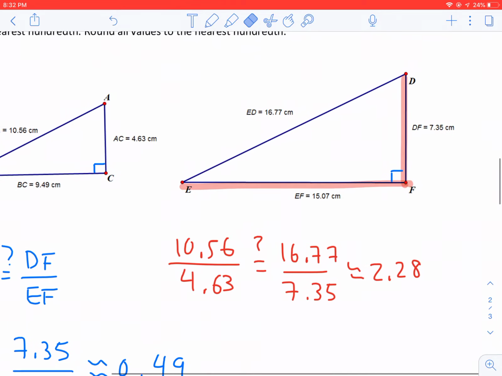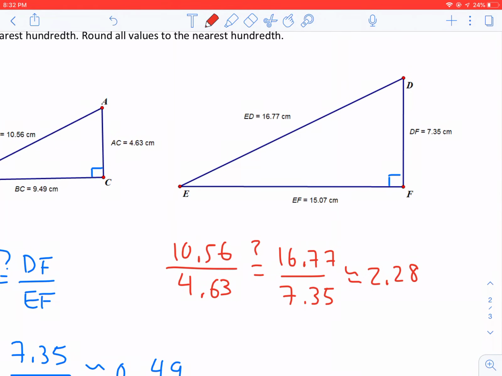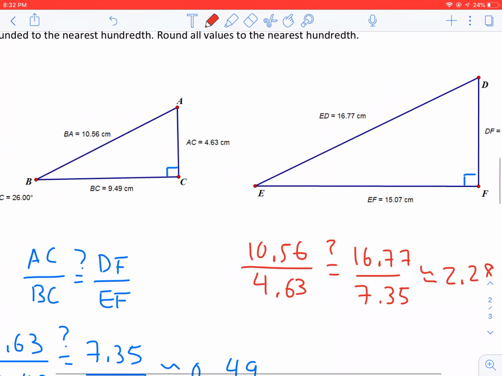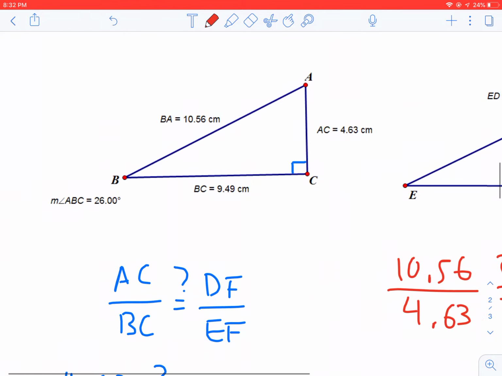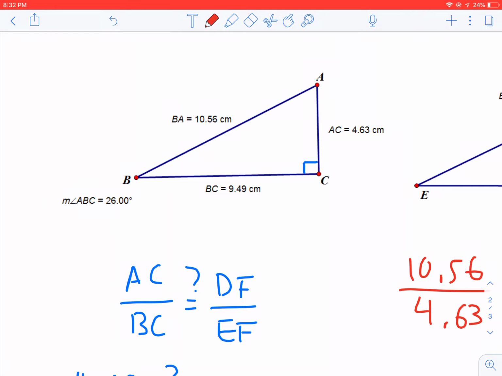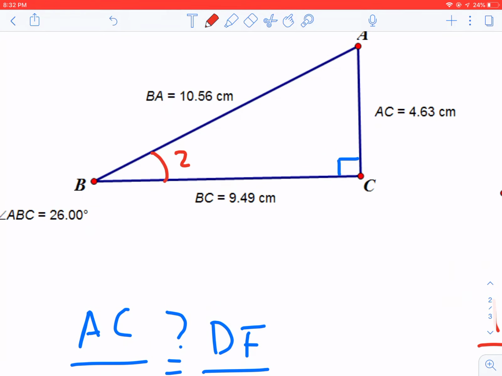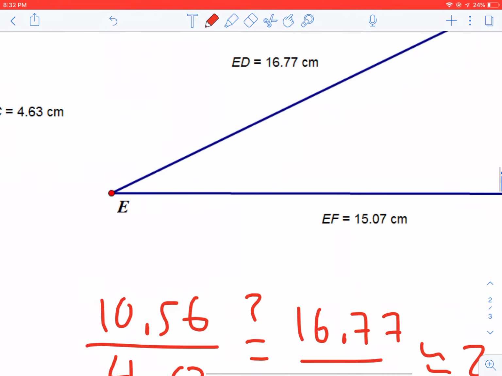So seeing that the sides are in proportion, I can confidently say that yes, these are similar triangles. And so if the measure of angle ABC here, if this guy here is 26 degrees, then this is also 26 degrees.